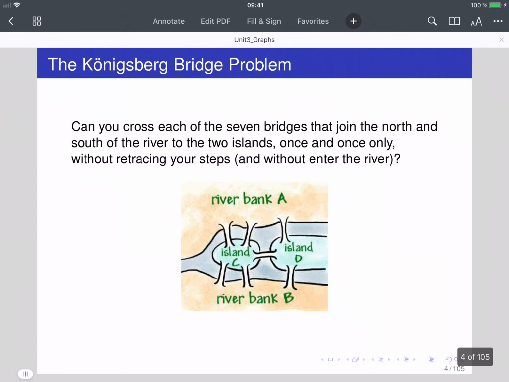So let me start by talking a little bit about the historic development of the theory of graphs, because it's very interesting, and it's also related to a problem that we will study in the future lectures of this unit.